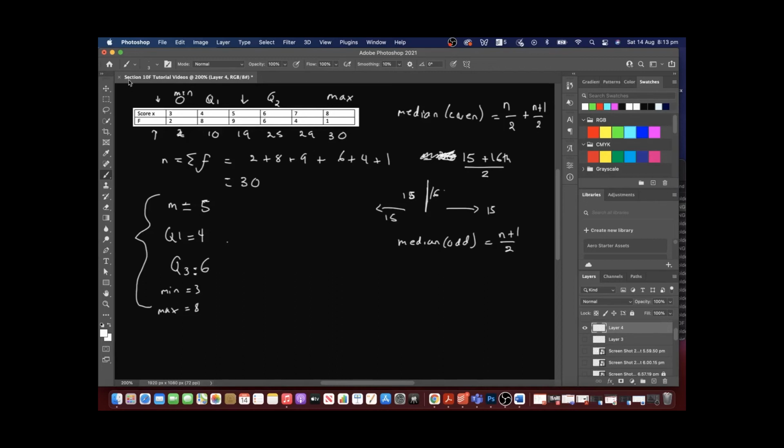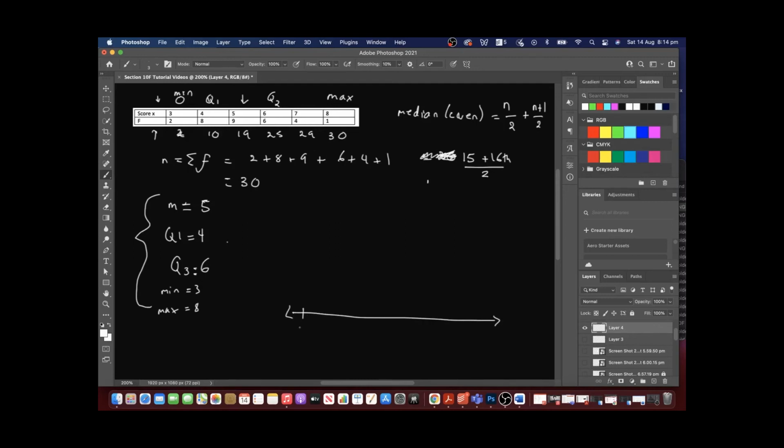So just quickly going to make some room. And now we can start drawing. Going from 3 to 8, we can do a pretty basic scale.